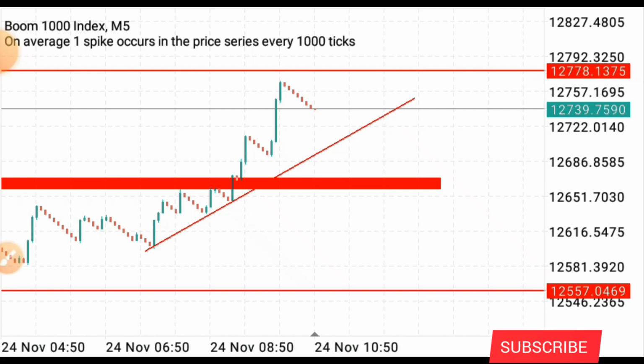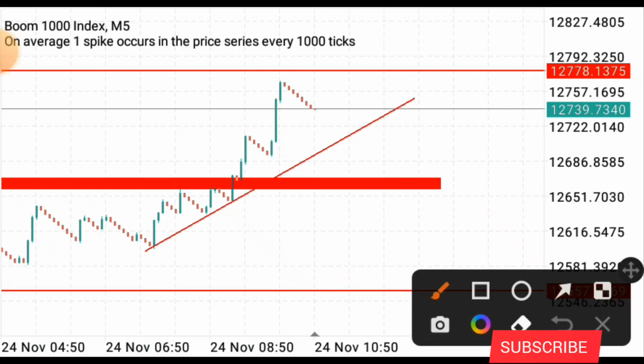But me personally, I don't trade the ticks, these small candles. What I do is that I catch spikes, because with catching spikes, I will be able to manage my risk. When trading against a spike, whenever it spikes against you, it will not respect your stop loss, and that is the reason why I don't like trading against spikes.